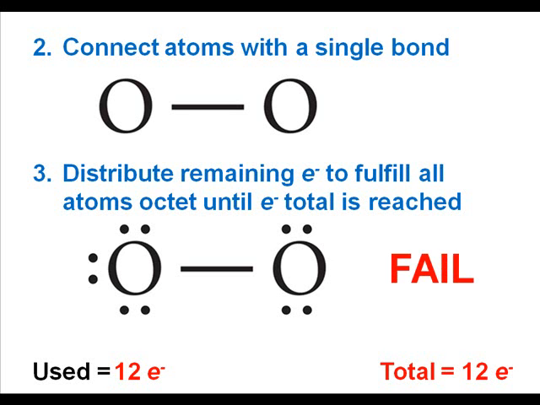So that oxygen on the left has 8. It's stable. It fulfills the octet rule. Look at the oxygen on the right. There's 2 electrons on top, 2 on the bottom, 2 involved in the bond. So that's a total of 6 electrons. It's got to get to 8. So that right there is unstable.